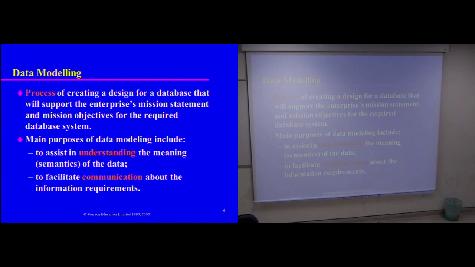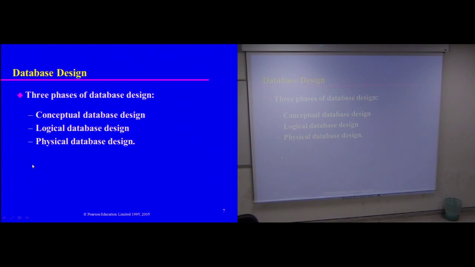So in order to do this, we have to understand what is required, the data requirements, and then also we have to communicate this understanding to the different involved people, and then build our models. This is the process we want to discuss.